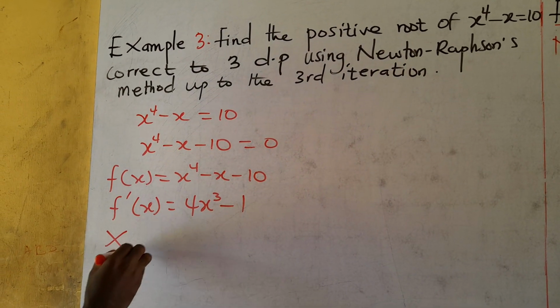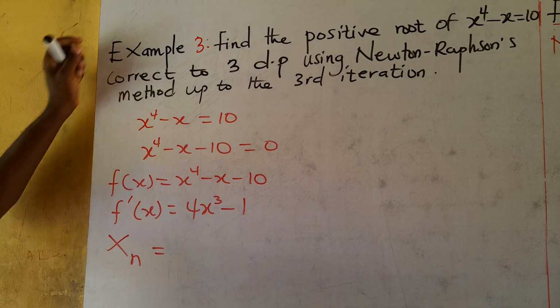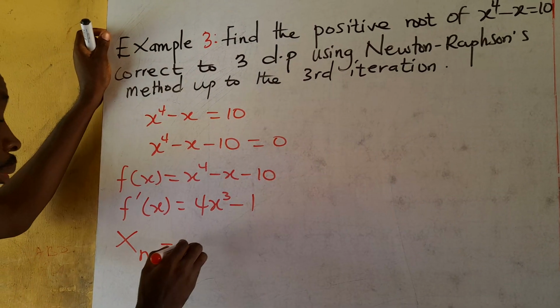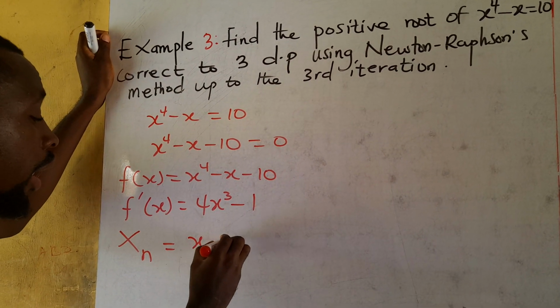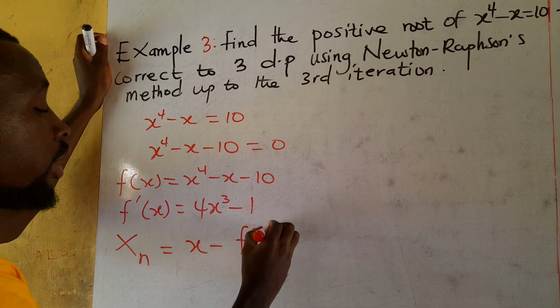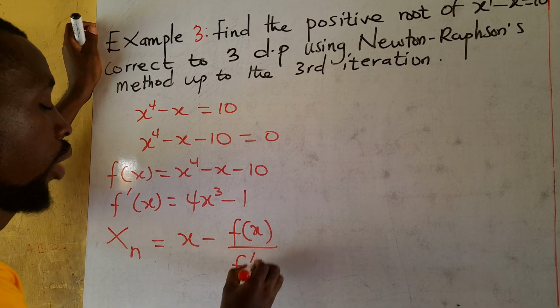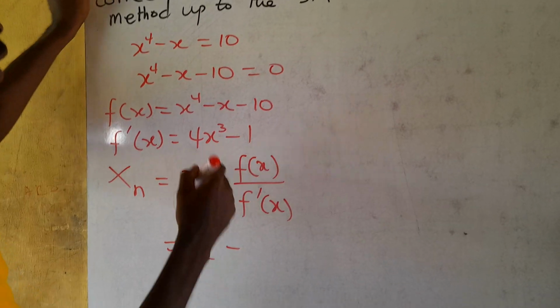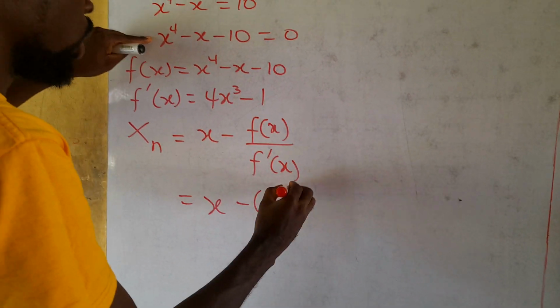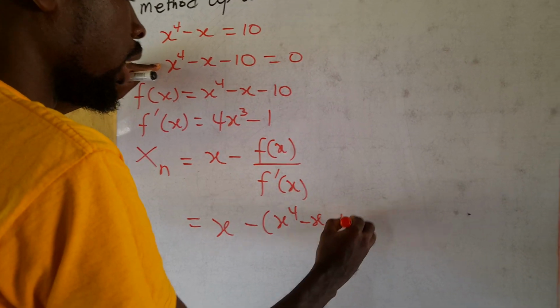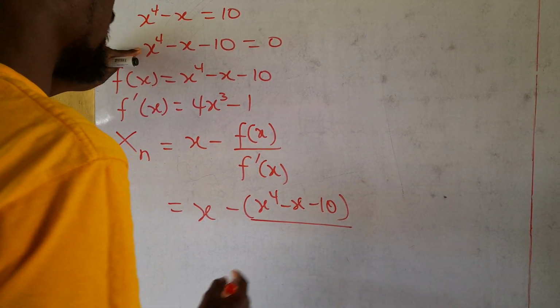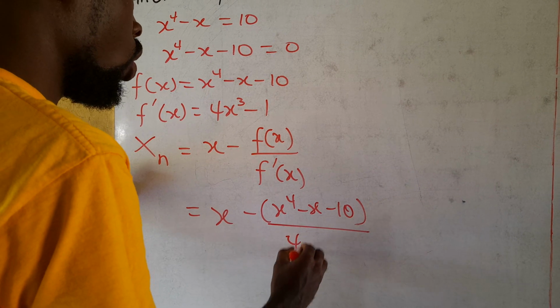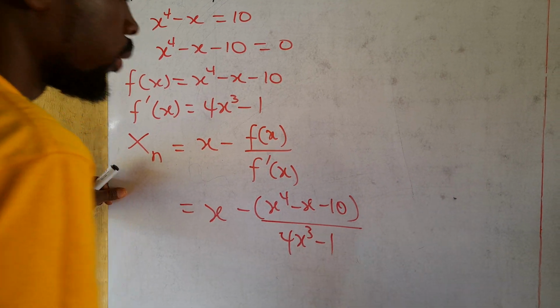Then from that we can get Newton's algorithm to evaluate this as x minus f of x over f prime of x. And we substitute. Our f of x, remember, is x exponent 4 minus x minus 10, over f prime of x, which is 4x cubed minus 1.